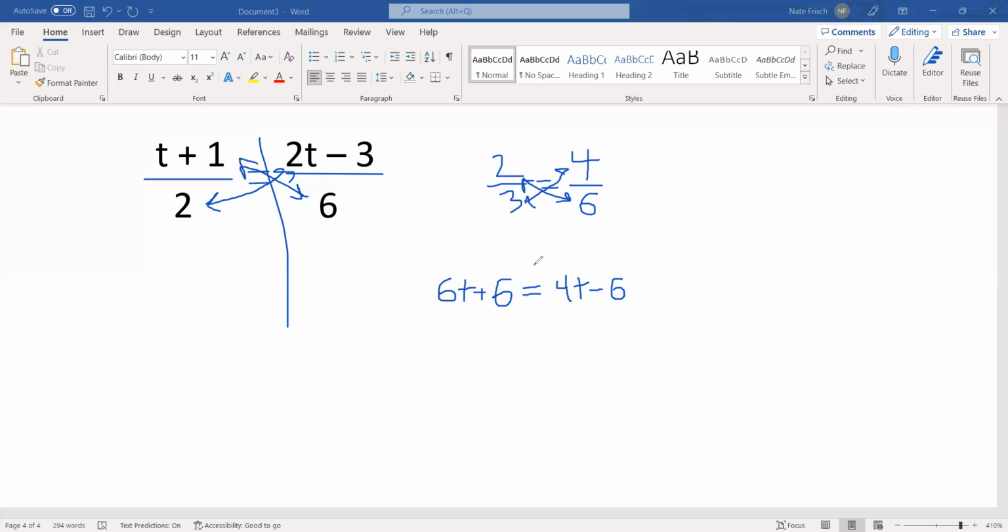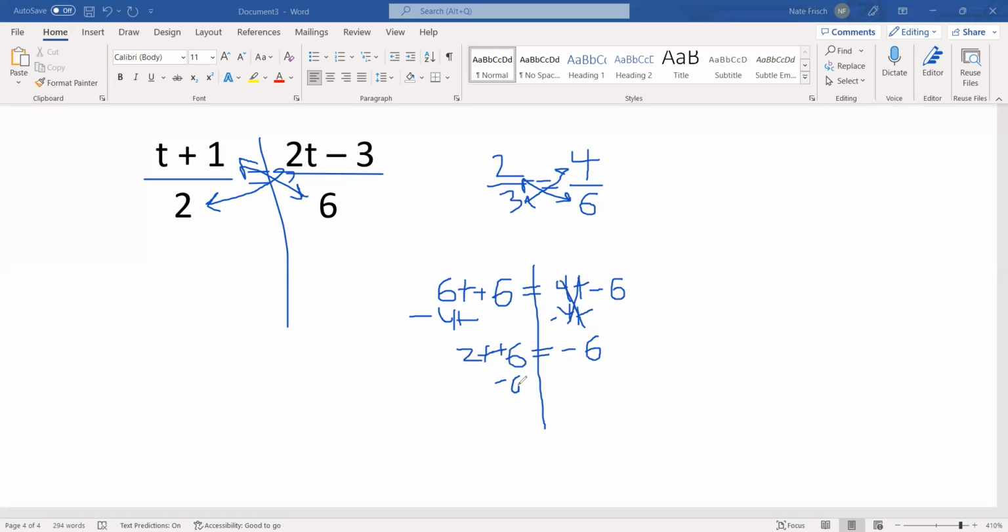And now from this point, now I can start solving. I can subtract 4t from both sides. Here they're gone. So I have 2t plus 6 equals a -6. I'll get rid of this 6 on the left side. It was plus 6.